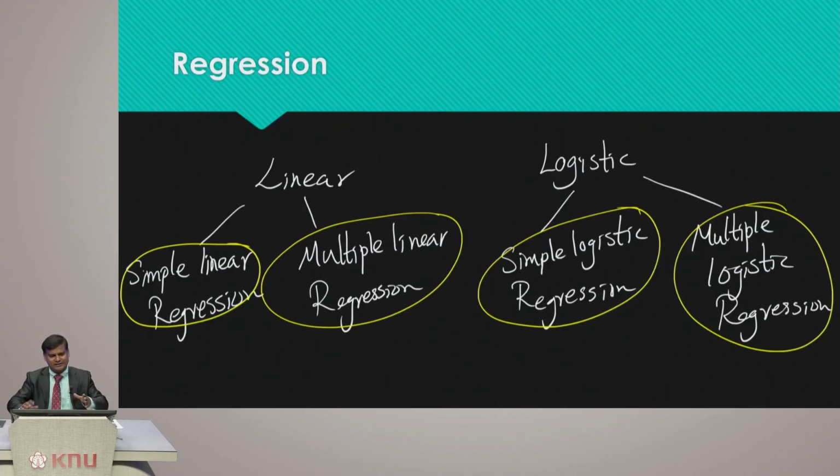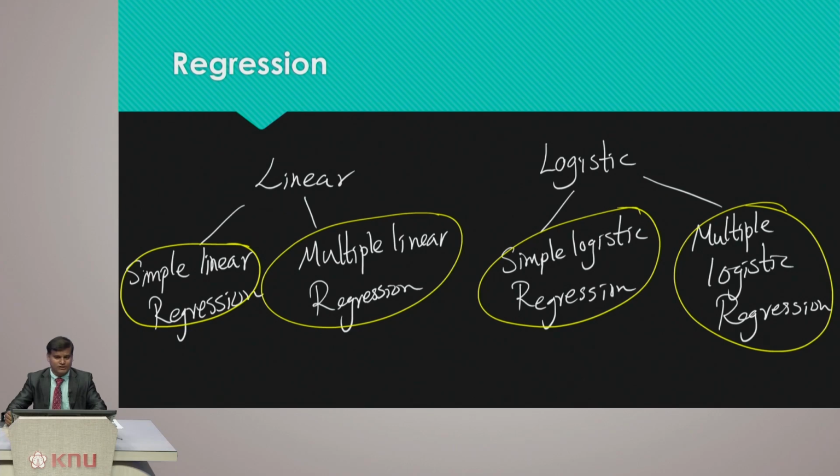Basically regression has different types, like linear regression and logistic regression. So before we go on to the definition, let me just classify the different types of regression. So we have the simple linear regression and multiple linear regressions. As the word suggests, they have some linear relationship between the variables.